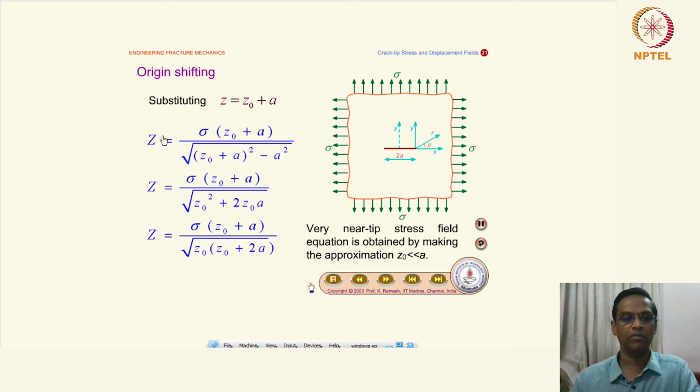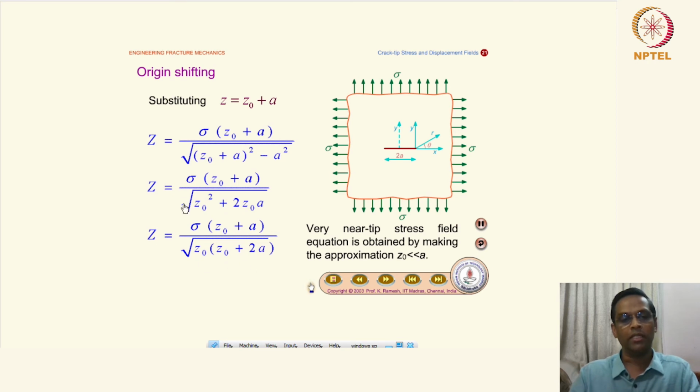When you assume that, the Westergaard stress function can be recast like this. You just substitute z is equal to z0 plus a. Then, since we are talking about the very near tip stress field, the equation is obtained by making the approximation that z0 is far smaller than a, very close to the crack tip.